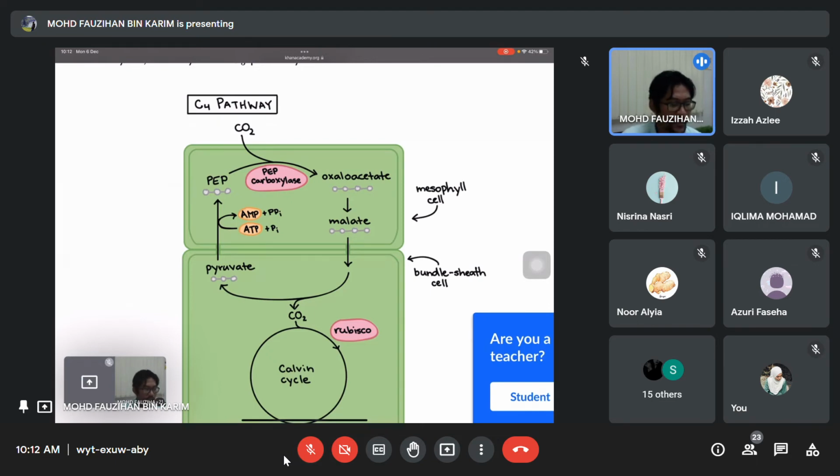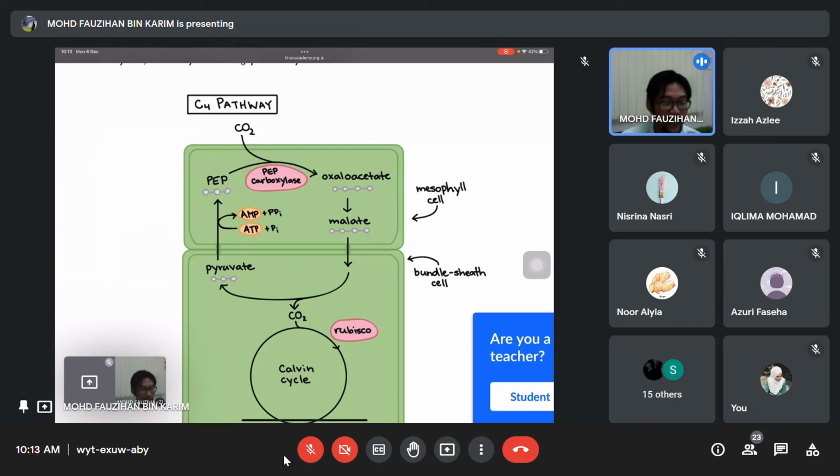So the PEP can only bind the carbon dioxide to form oxaloacetate, four carbons. Of course, other gases have a chance to enter because the mesophyll cells are directly under the stomata, so the oxygen or carbon dioxide will go into the mesophyll cells.